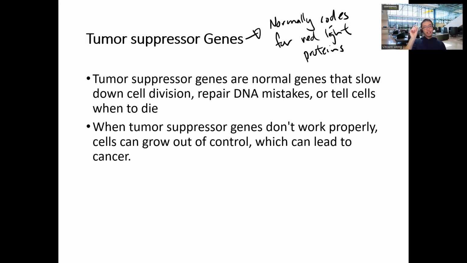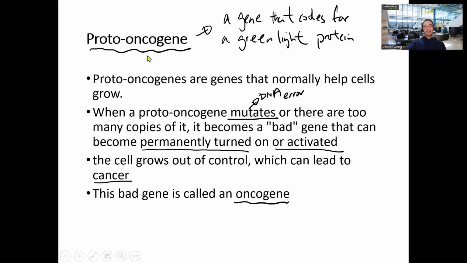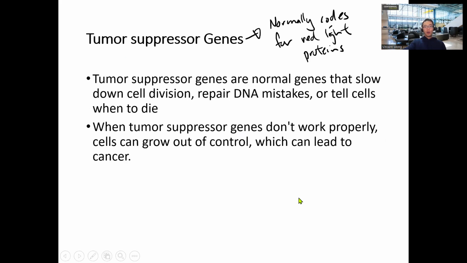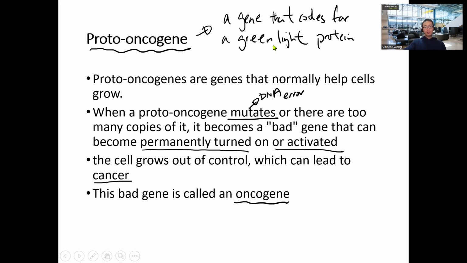Now, there is a subtle but key difference in what I'm saying. When the proto-oncogene becomes bad, when it becomes the oncogene, it's a green light that is always on. Over here, we have a red light that's not turning on. Do you see the difference? This one is always on, which means it is overly active.